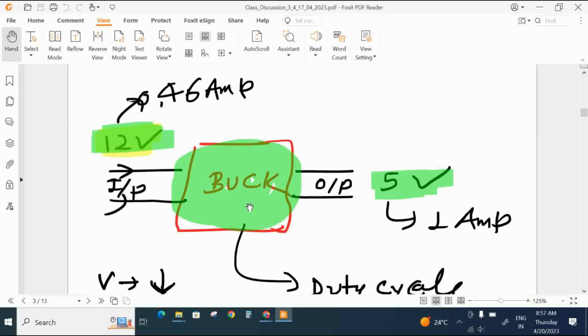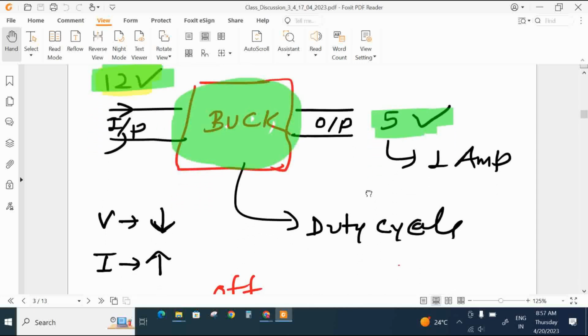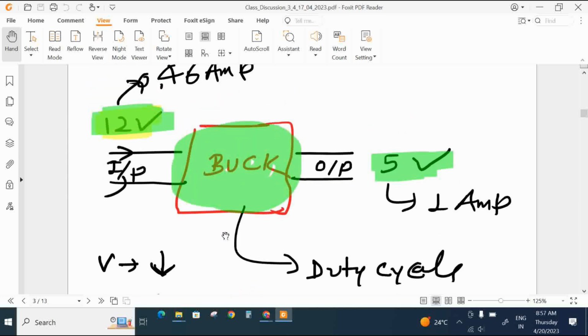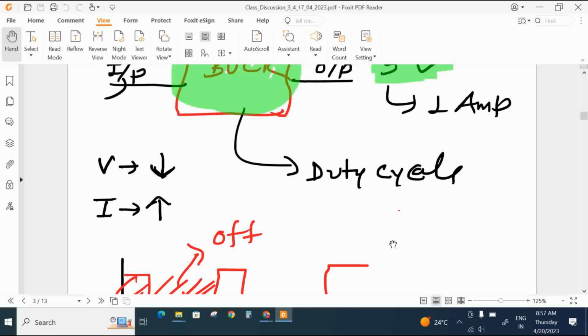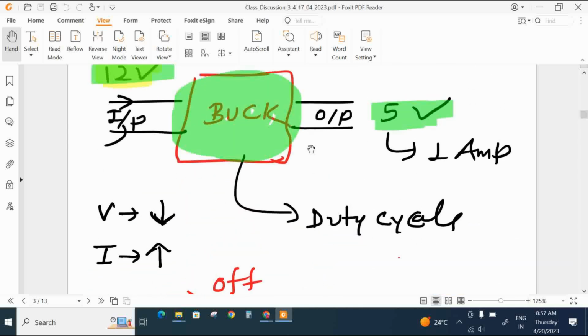If you have a buck converter with an input voltage of 12 volts and the output voltage you require is 5 volts and 1 ampere, then based on the duty cycle you can calculate what input current is required here. What is the duty cycle? Duty cycle is the output voltage upon the input voltage. Based on the output you require relative to the input, the MOSFET gate switches on and switches off.